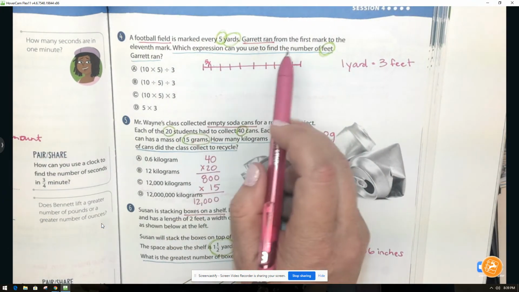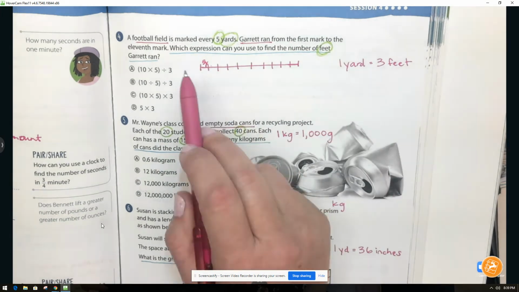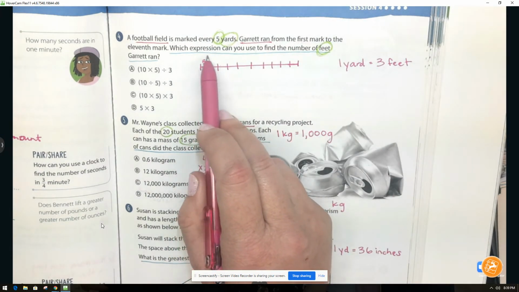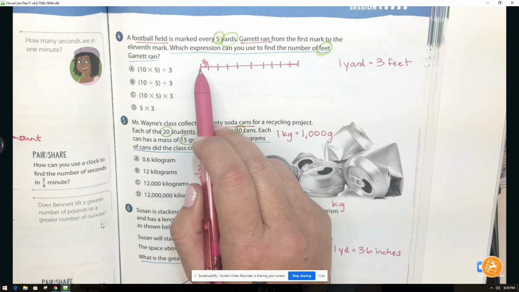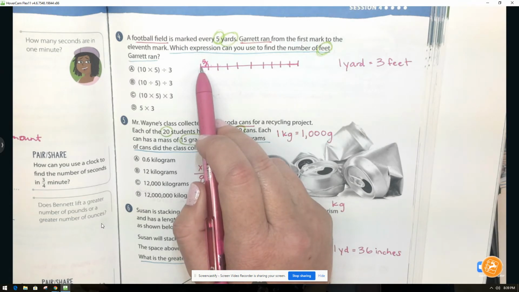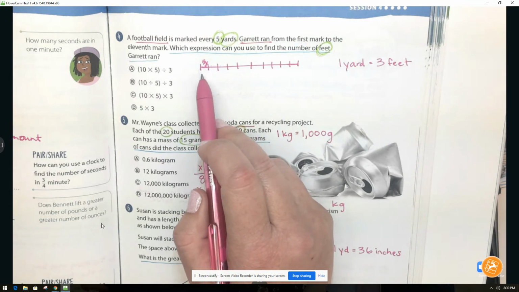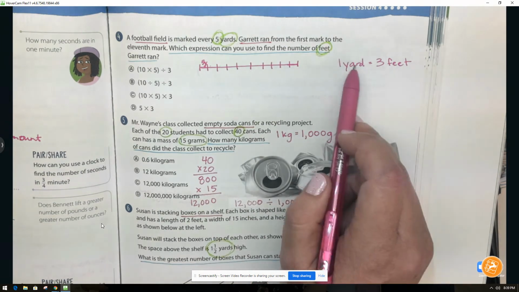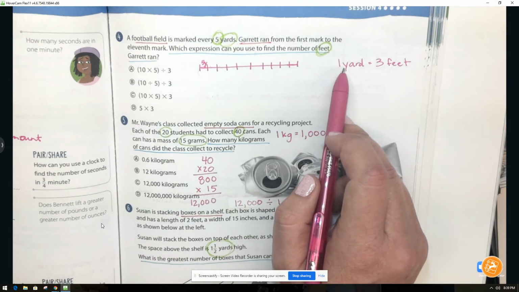Now, they want to know how many feet. So how many feet would be in 5 yards? Well, how many feet are in 1 yard? 3.